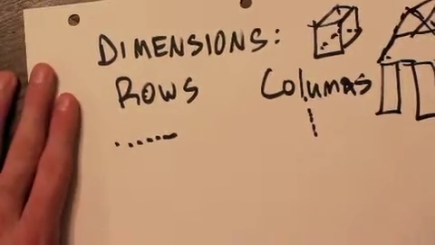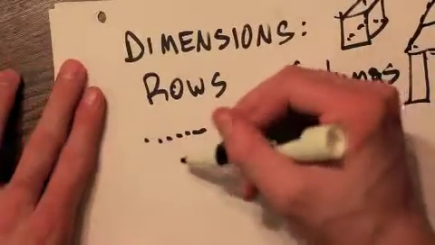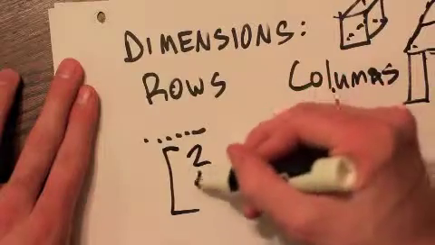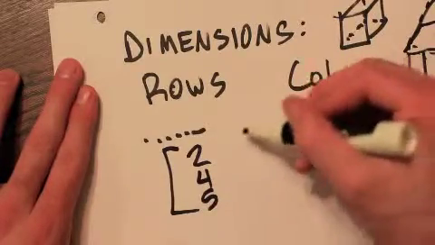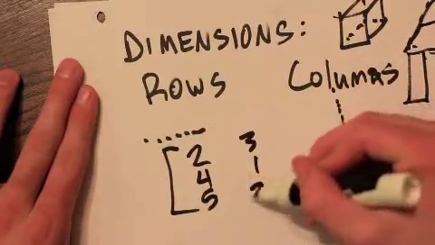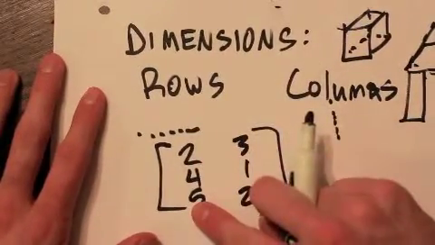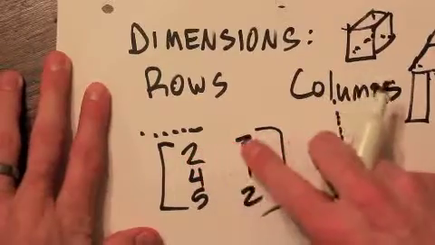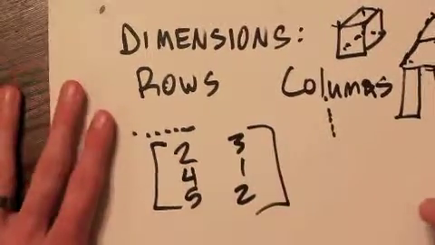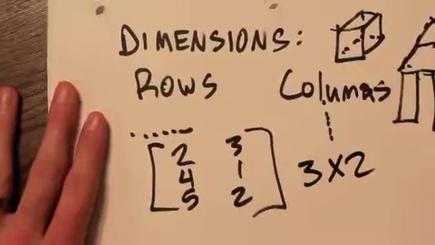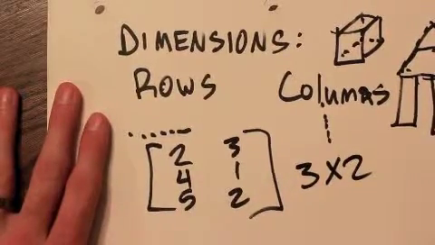Anyway, so say we have a matrix and it looks like this. Okay, it has 3 rows and it has 2 columns. So you would describe this matrix as a 3 by 2 matrix.